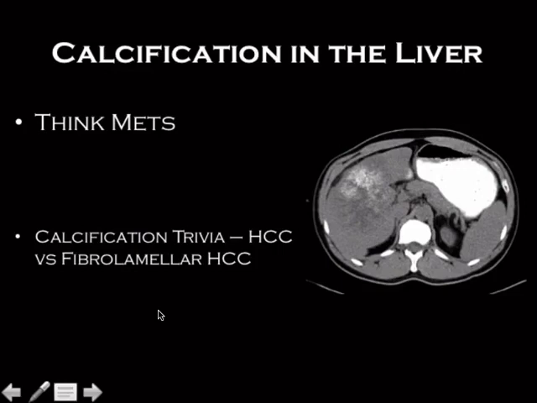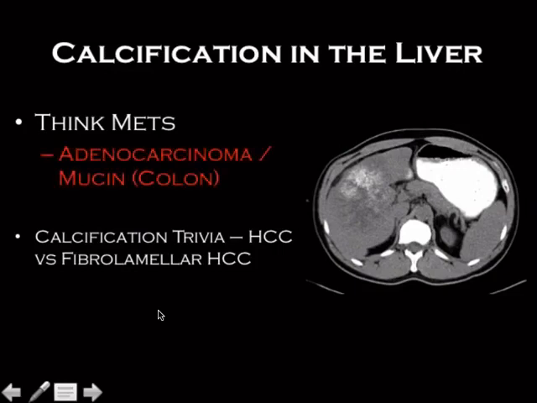Where would the mets come from? Remember that mucin calcifies. So adenocarcinomas that are mucinous, any kind of other mucinous tumor, is going to create this appearance of calcification. So calcification in the liver is colon cancer mets until proven otherwise, unless you know there's a mucin-forming tumor in another place in the abdomen.